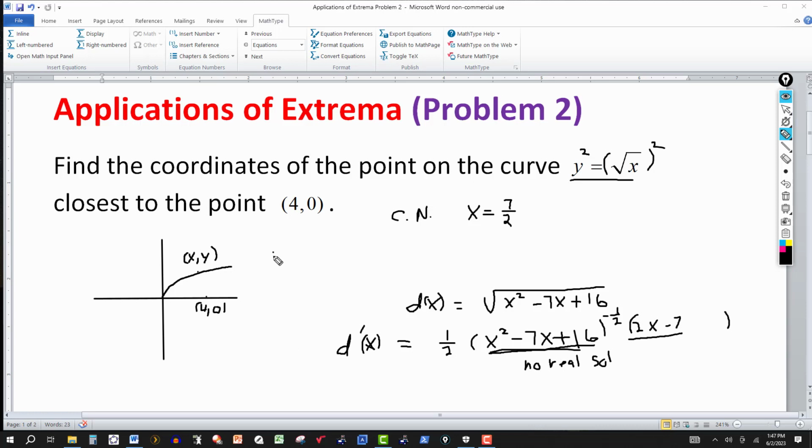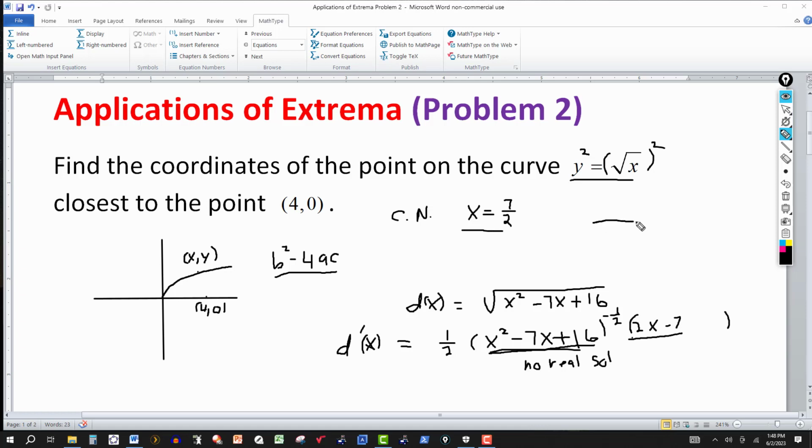Use the discriminant of it, the b squared minus 4ac of the formula. That's the expression under the radical when you use the quadratic formula, this would come out negative. So this would tell you that there's no real solution. So the only value for which the derivative is 0 is 7/2. There are no values for which it's undefined. So this is the only critical number.